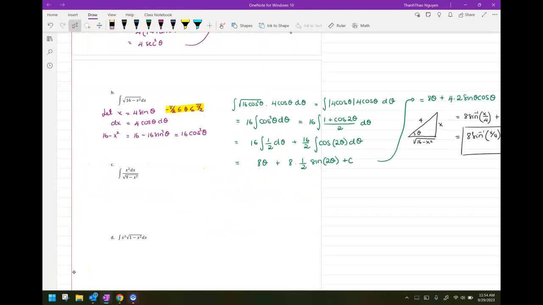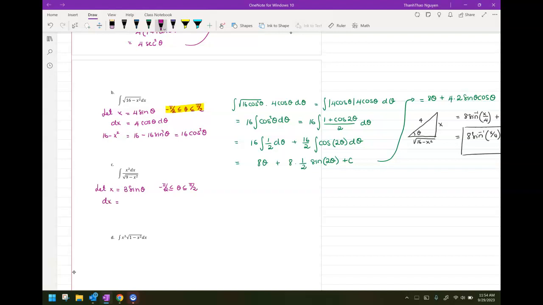Take a look at problem C. Again, we have a square root of 9 minus x squared. I'll go ahead and use the substitution for sine again. So I let x equal 3 sine theta, for theta between negative pi over 2 and pi over 2.